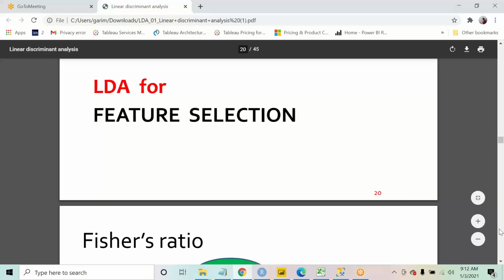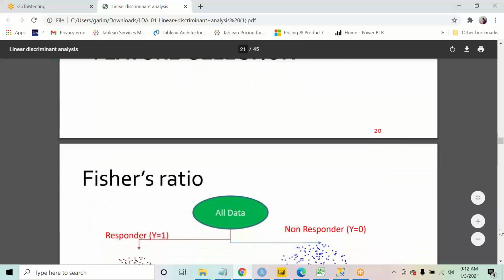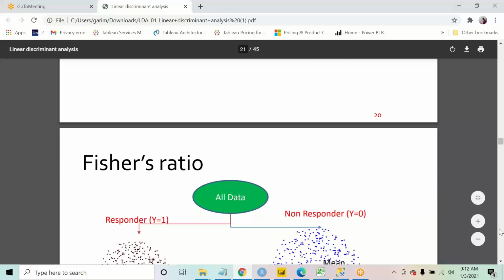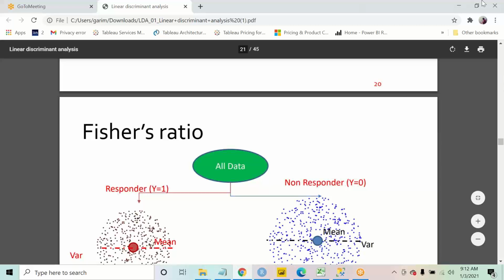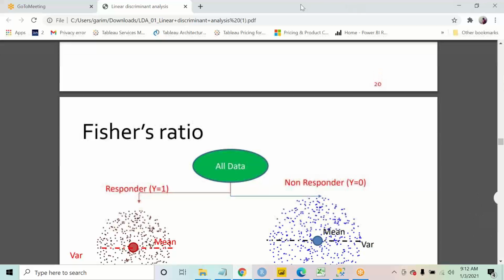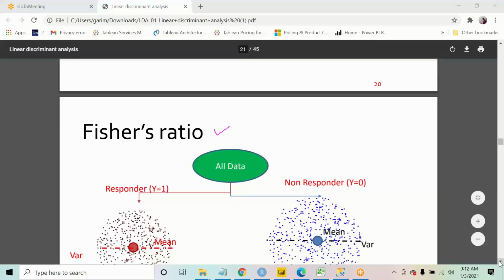We use LDA for feature selection with the help of Fisher's ratio. I'll be explaining what exactly Fisher's ratio is. Fisher's ratio is the technique used to identify the importance of a variable.